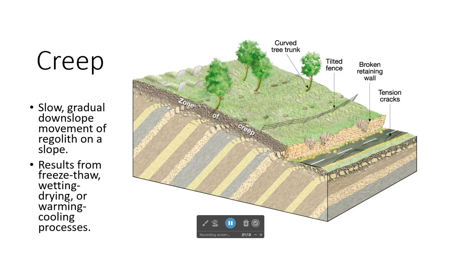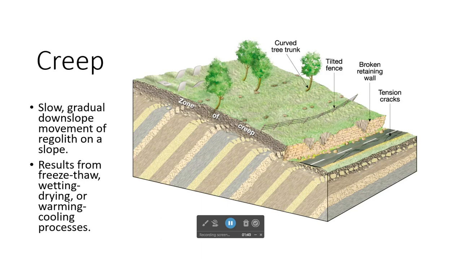It can happen when the ground freezes under super, super cold conditions and then thaws, causing expansion and retraction of the material. This similar process can happen during wetting and drying when there's periodic droughts, and also during really hot temperatures followed by a period of cooling.